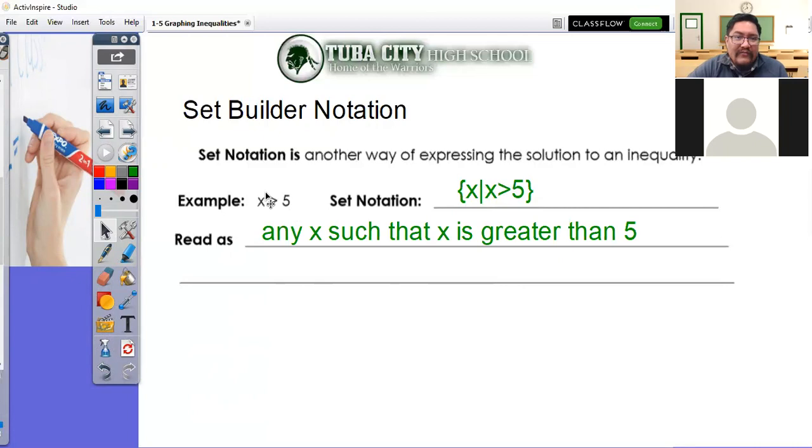Now, for this assignment, I'm going to let you just put the answers in like this: x is greater than 5, because it does kind of make sense. But I know in certain places, like a college class, you would have to put it in this notation. And that's exactly what it means. It just means you can put anything in there as long as it's greater than 5. So anything greater than 5 will make it true.